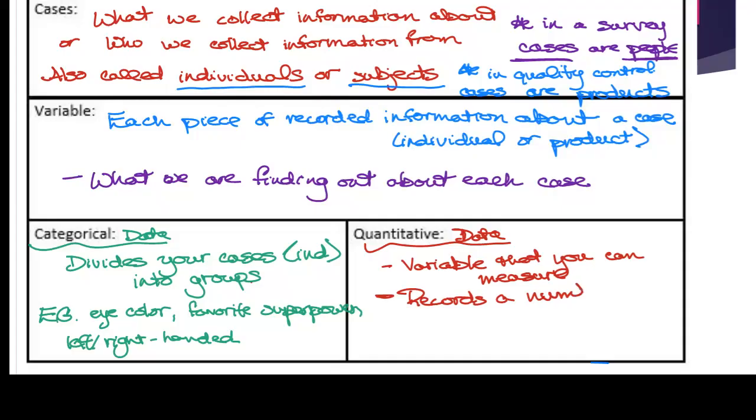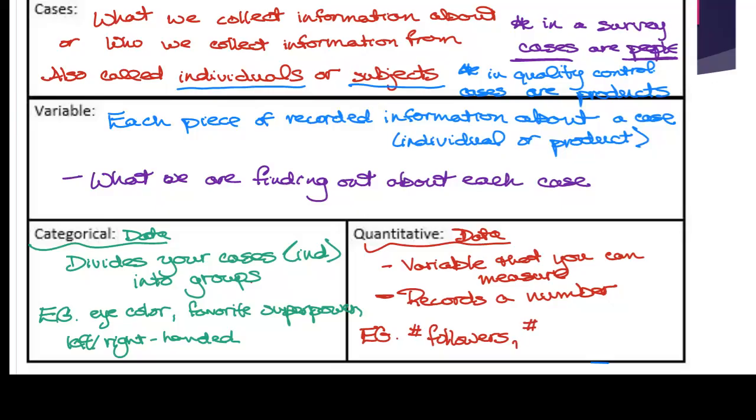So for example, the number of followers you have. That would be quantitative because you would answer it with a number.